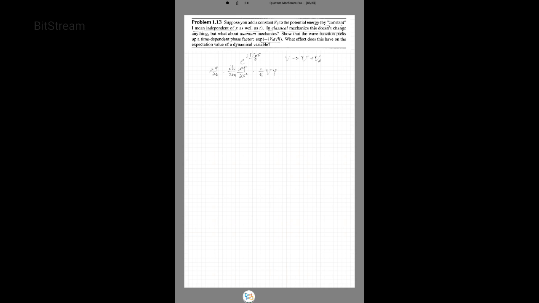Now, if I replace this v with v plus v naught, I can just shove it in there. And now instead of v, I'm going to have v plus v naught, and it's real, it's not imaginary. That's going to be kind of key for the second part.